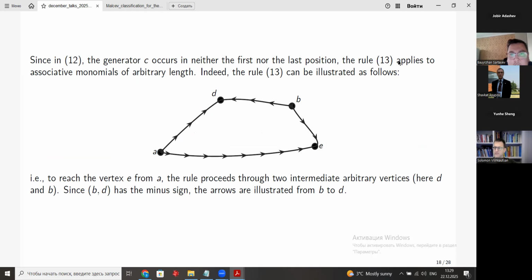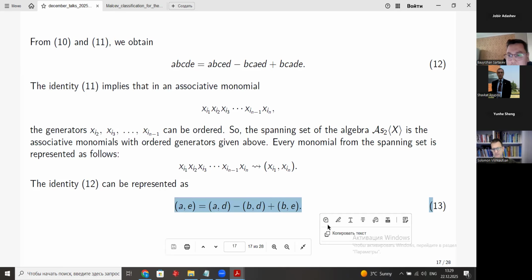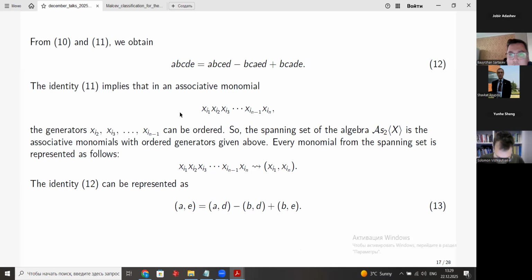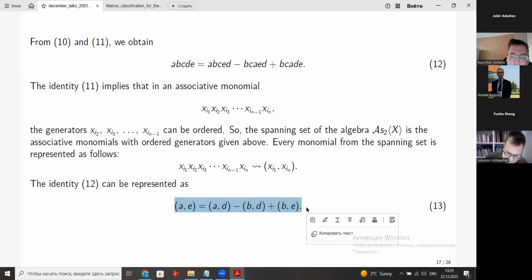The rule 13 implies it works for associative monomials of arbitrary lengths. Not arbitrary monomials, just arbitrary lengths.